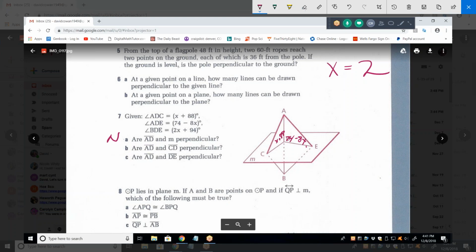We're ignoring this lower triangle, BDE. That triangle right there. Now, we don't know much about that triangle, other than that it is 2x plus 94.